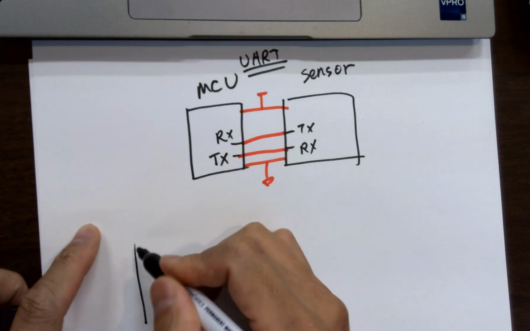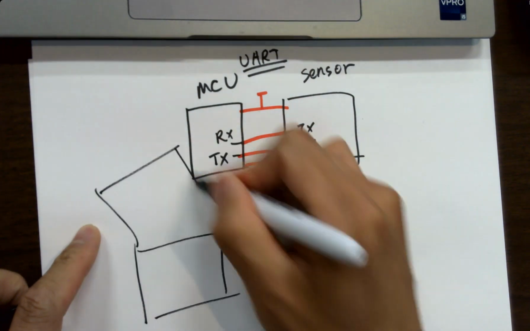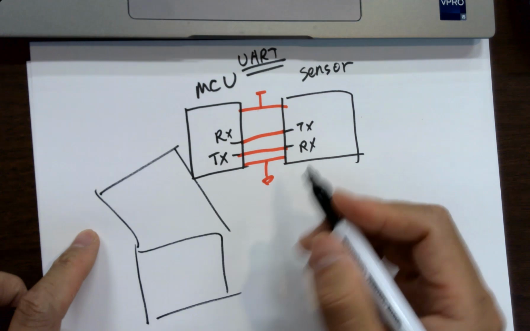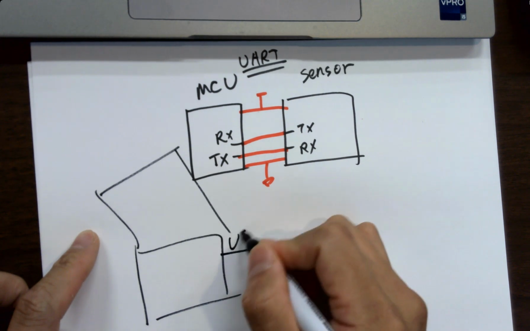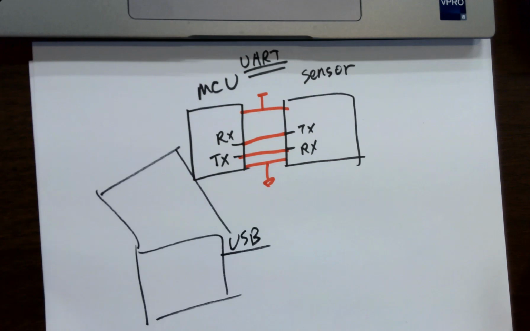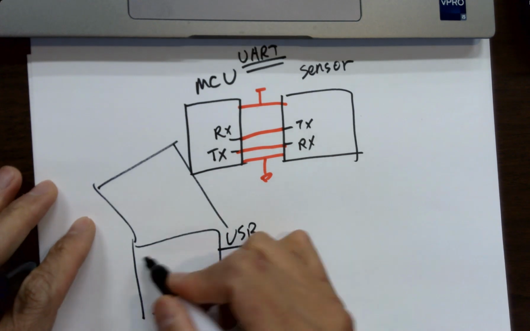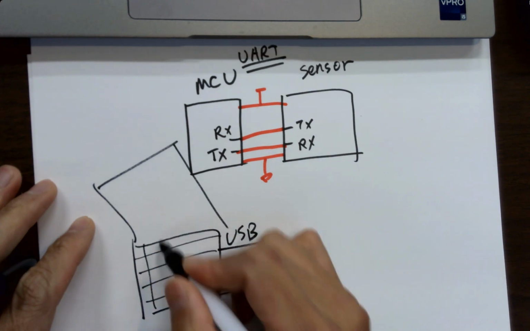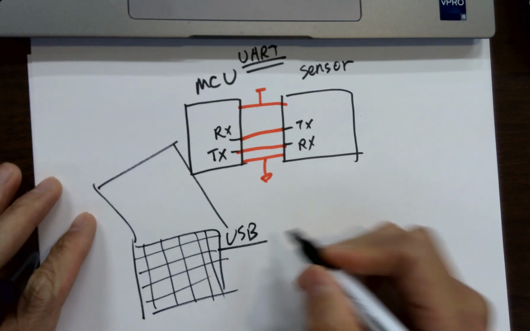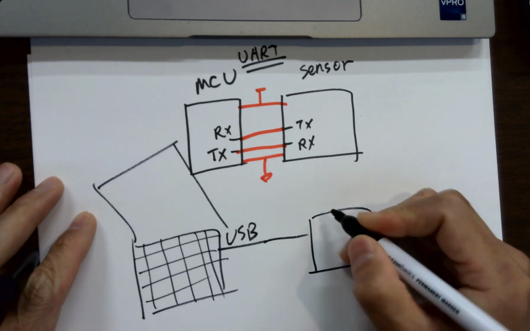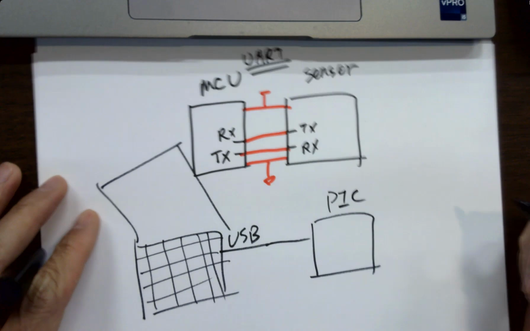So here's the laptop, for example. I'm horrible at drawing. USB, right? USB. Keyboard. And here's a PIC. Okay.